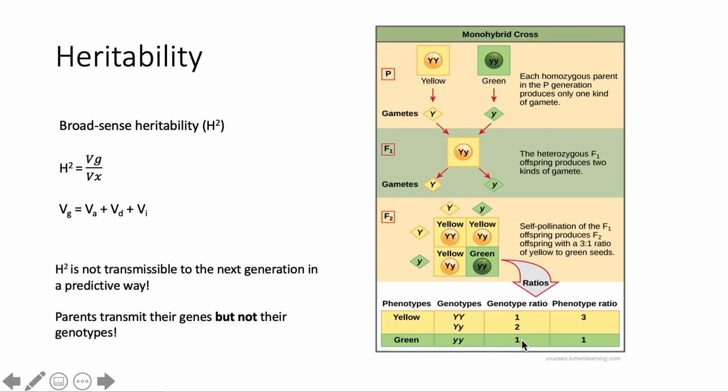Again, that is because the parents transmit just the alleles to the next generation, but not the genotypes. So there is a difference between the genotype ratio and the phenotype ratio, and that is why it is challenging to predict the broad sense heritability in an easy way. It is difficult to predict the dominance and the epistasis.